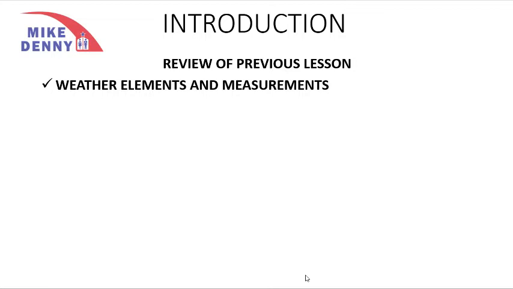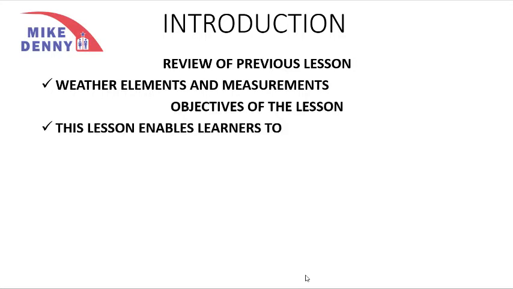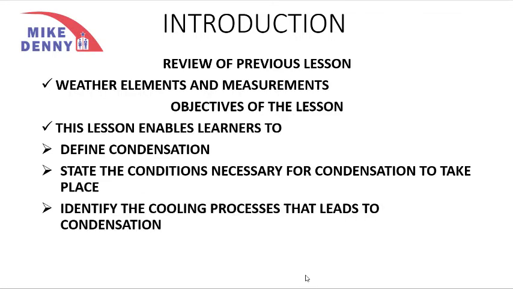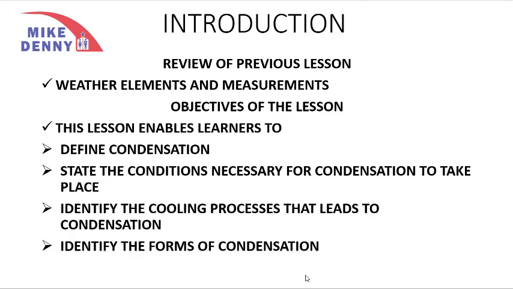So by the end of this lesson, I expect you learners to be able to define condensation, to state the conditions necessary for condensation to take place, to identify the cooling processes that lead to condensation, and finally, to identify the different forms of condensation.